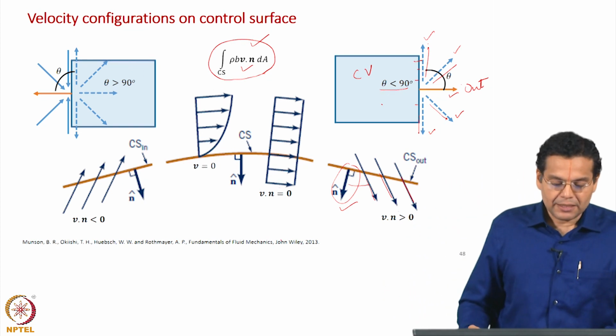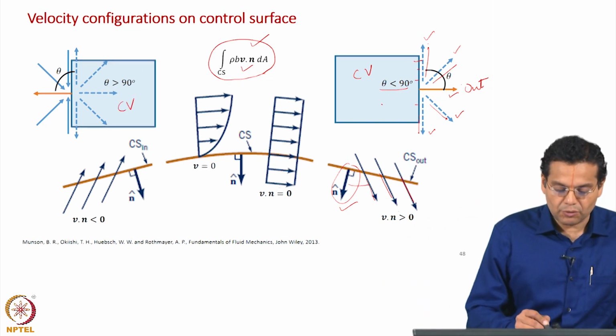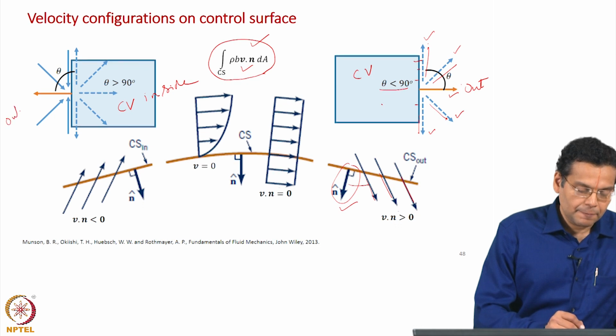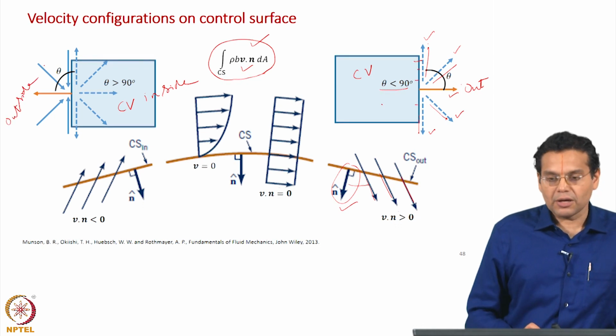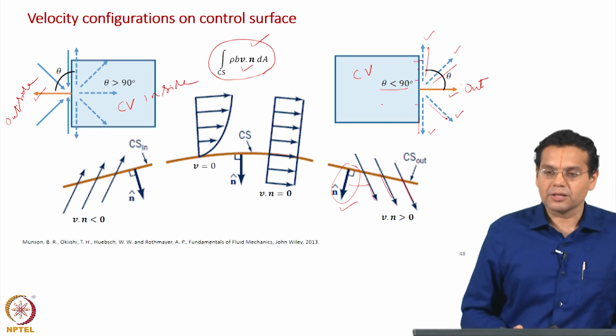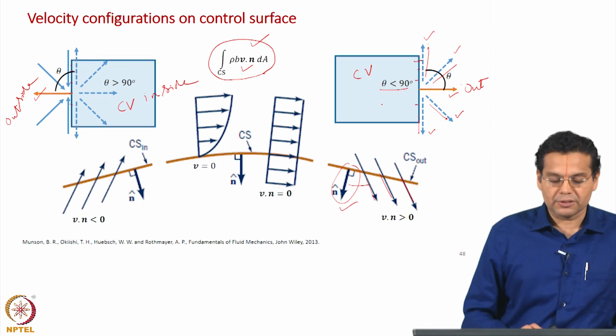Let us see what happens at the inflow surface. This is the control volume, so this is the inside and this is the outside, and remember we always draw the outward normal. So, this normal points away from the control volume, and this surface represents the inflow control surface.